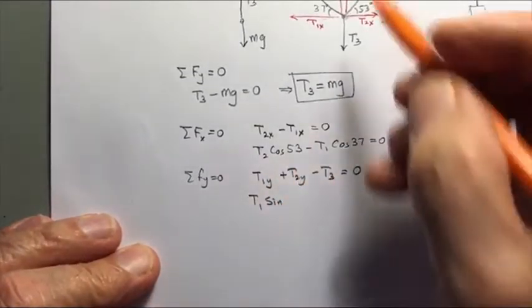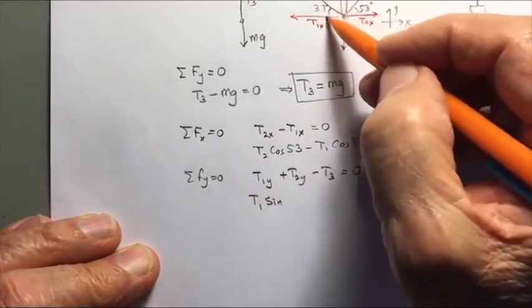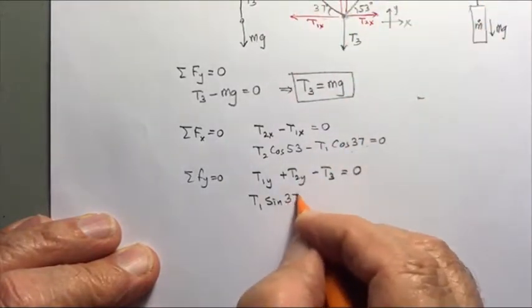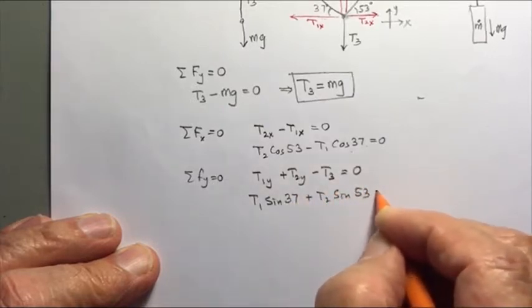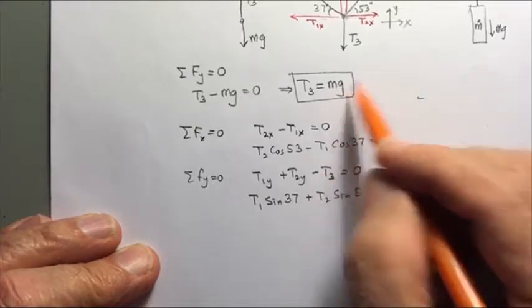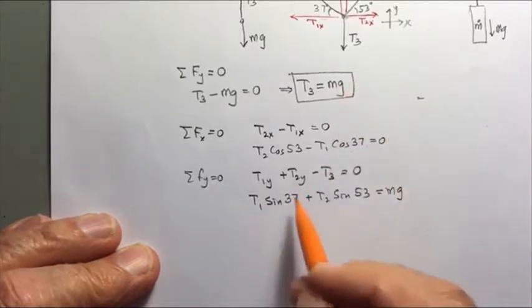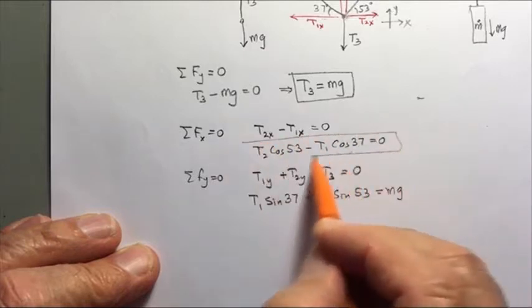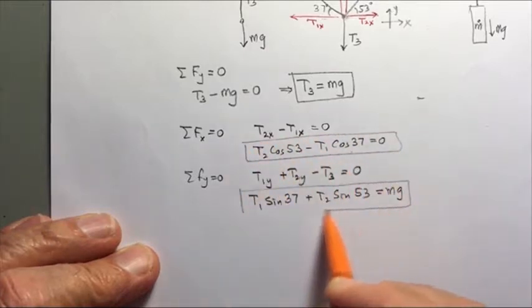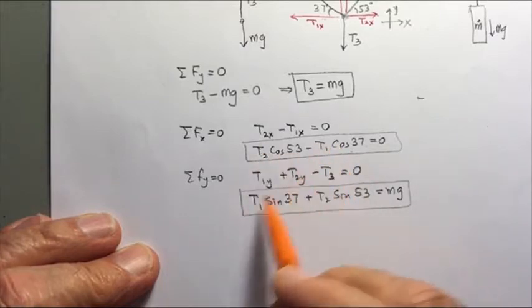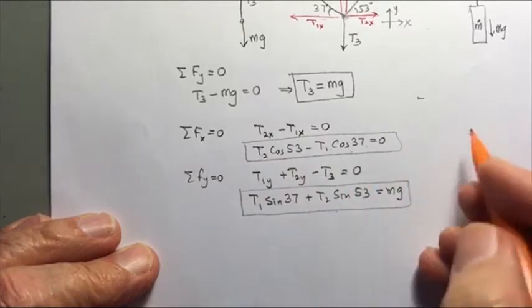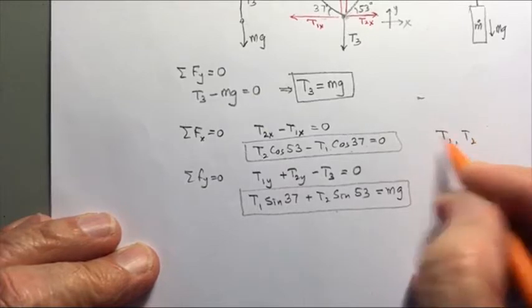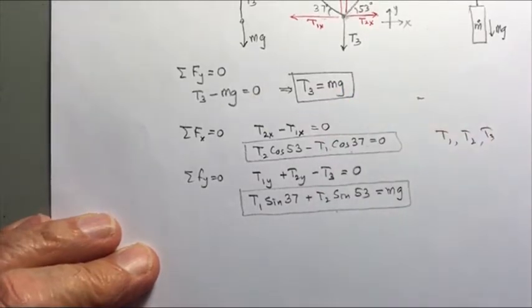T1y is going to be T1 sine 37, and this is going to be T2 sine 53 equals T3, and T3 we have from here, it's mg. So we have one equation here, one equation here, two equations and two unknowns, T1 and T2. So solving these two simultaneously, we can get the values of T1, T2, and we already have T3. So we can calculate and get all the tensions.